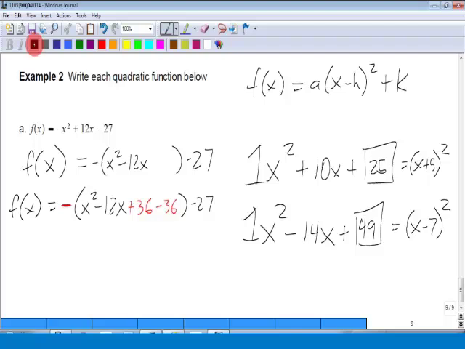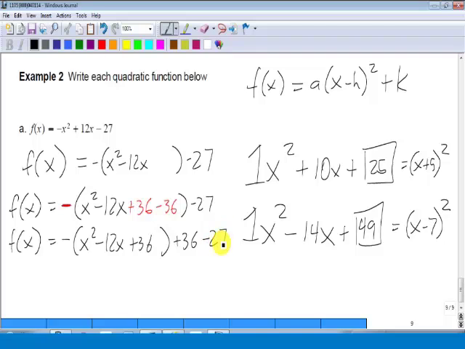Now, what is the value of this thing? It's negative x squared minus 12x plus 36. Okay, the minus 36 is in the way. It's not part of that perfect square trinomial, so we've got to get it out of the parentheses. When we do that, what happens? It becomes plus 36.